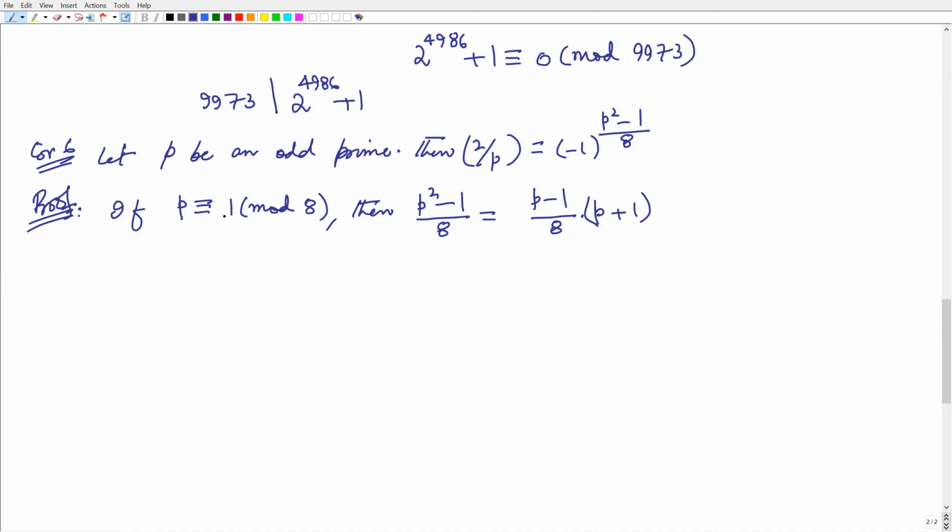So P minus 1 is divisible by 8, and if P minus 1 is divisible by 8, then this number is an even integer.